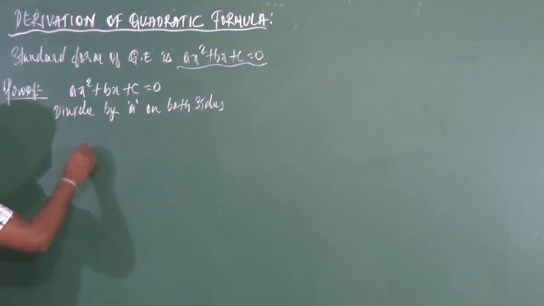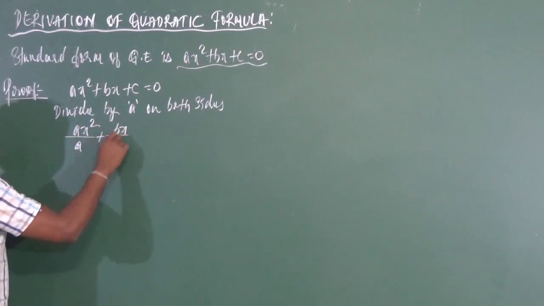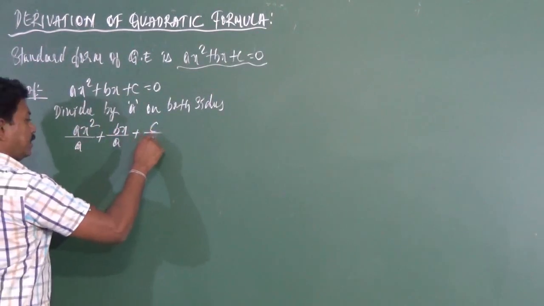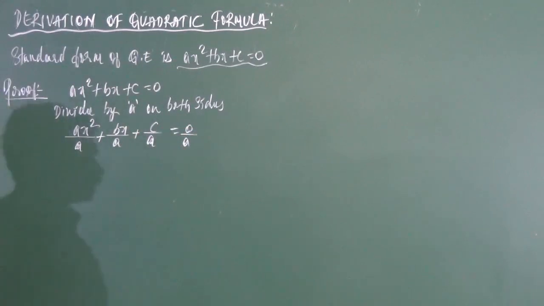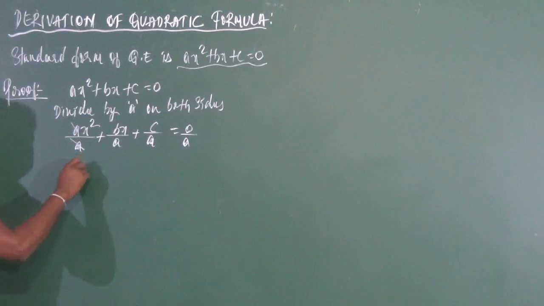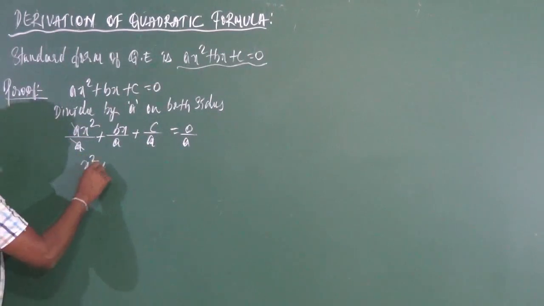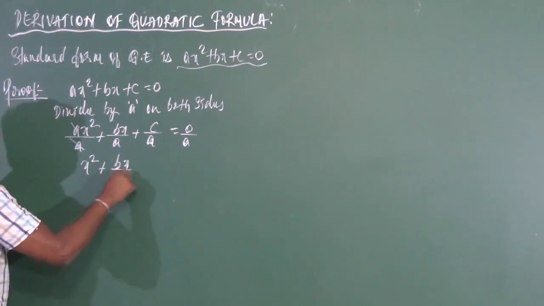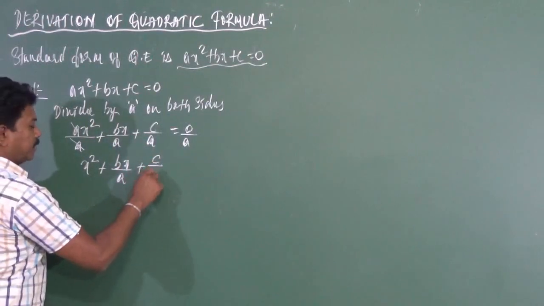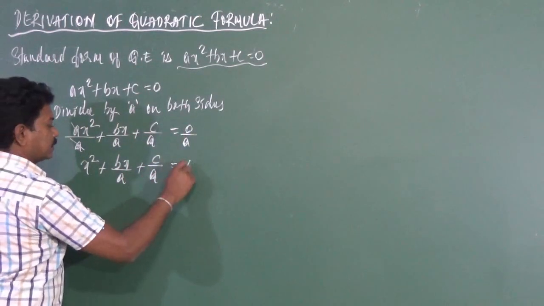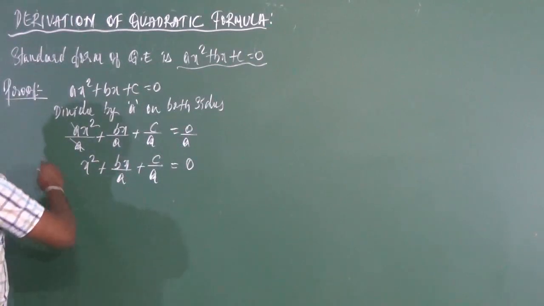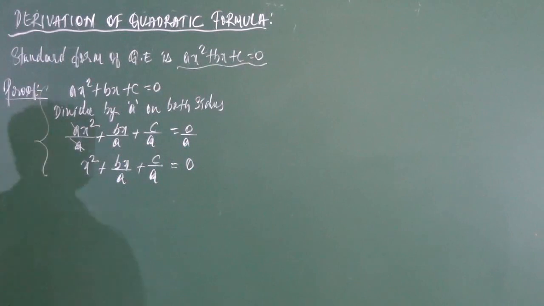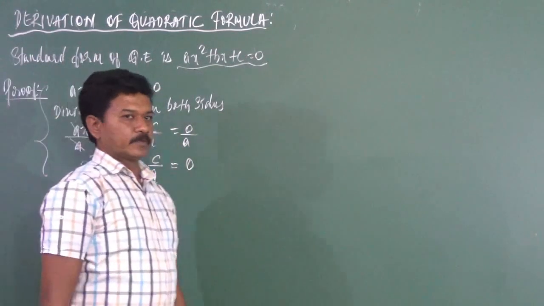So ax square by a plus bx by a plus c by a is equal to 0 by a. I am dividing the entire equation by a. A and a cancel, so you are left with x square plus bx by a plus c by a is equal to 0, since 0 by anything is 0, it remains the same, right? This entire thing I have written here is the first step in the process of derivation.